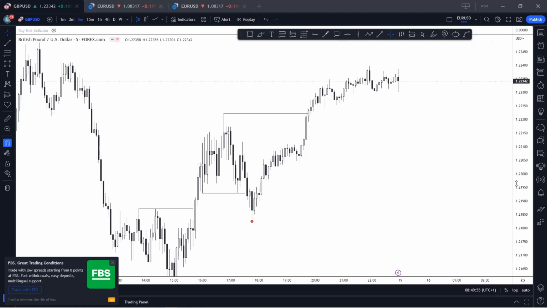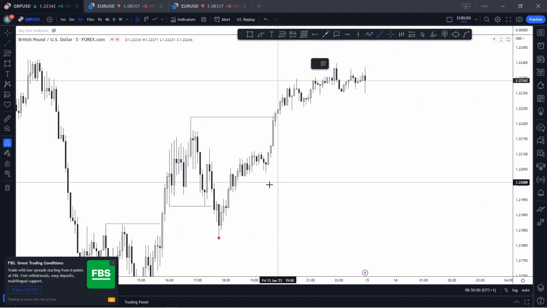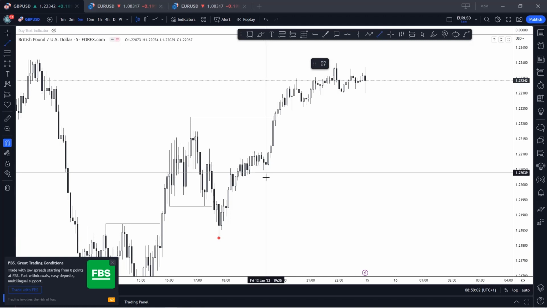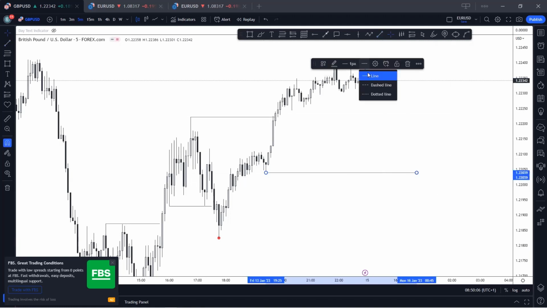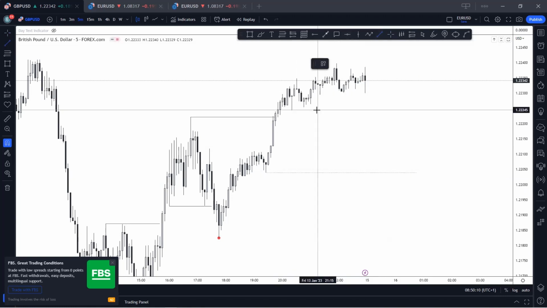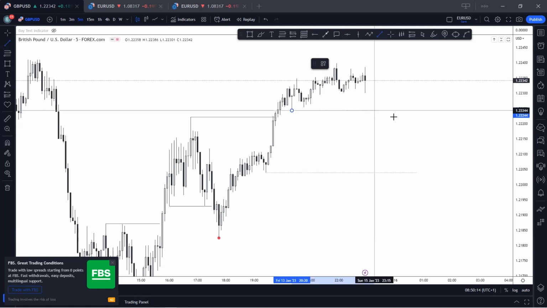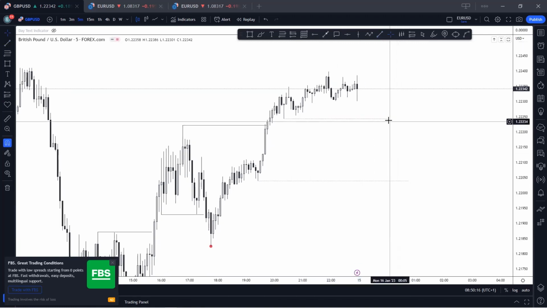So what internal liquidity could we be expecting price to take out? Looking at the extreme right here, I can see this low right here. This could be the drawn liquidity. We also have another low right here. So we don't know the one price wants to take.